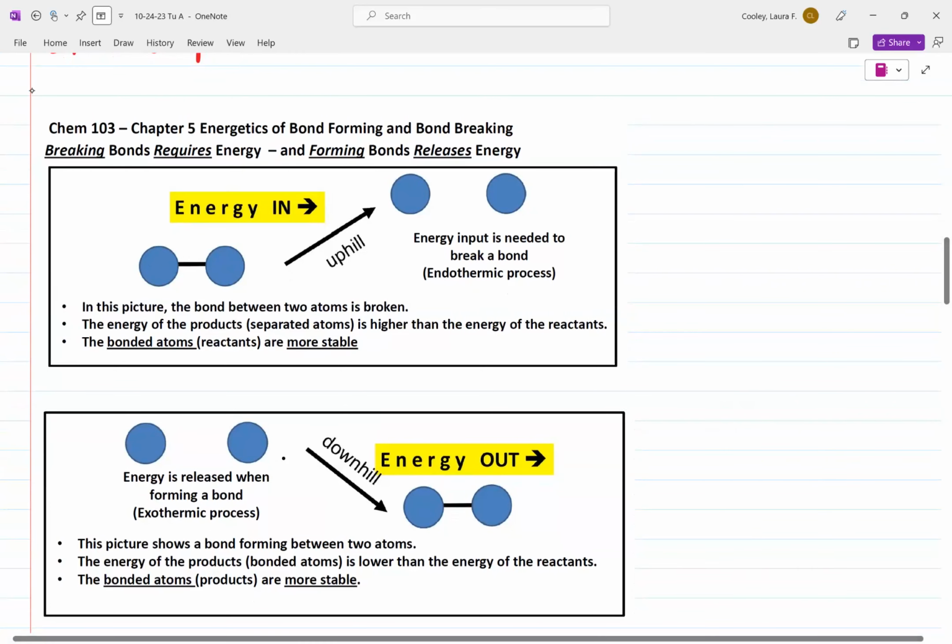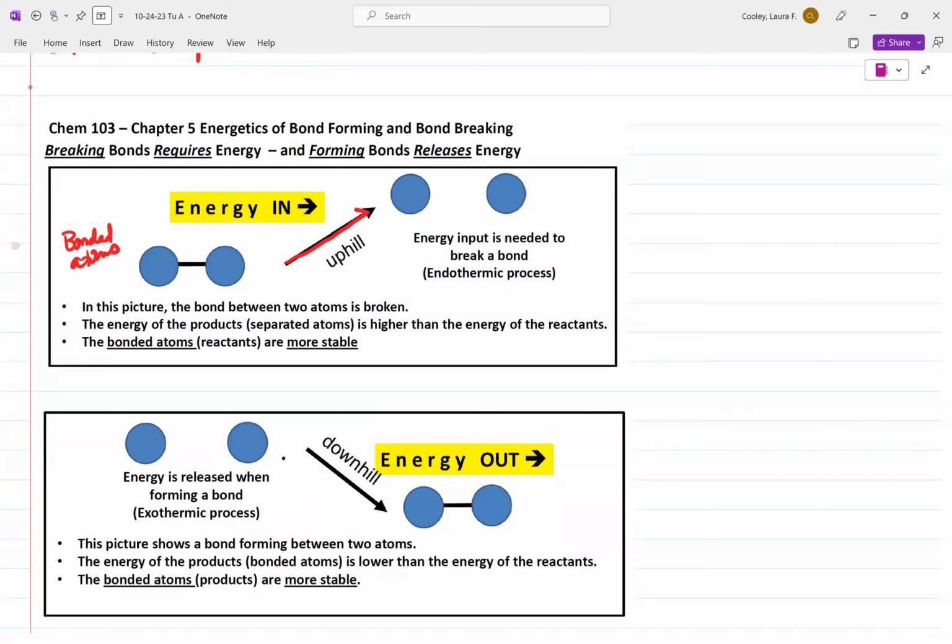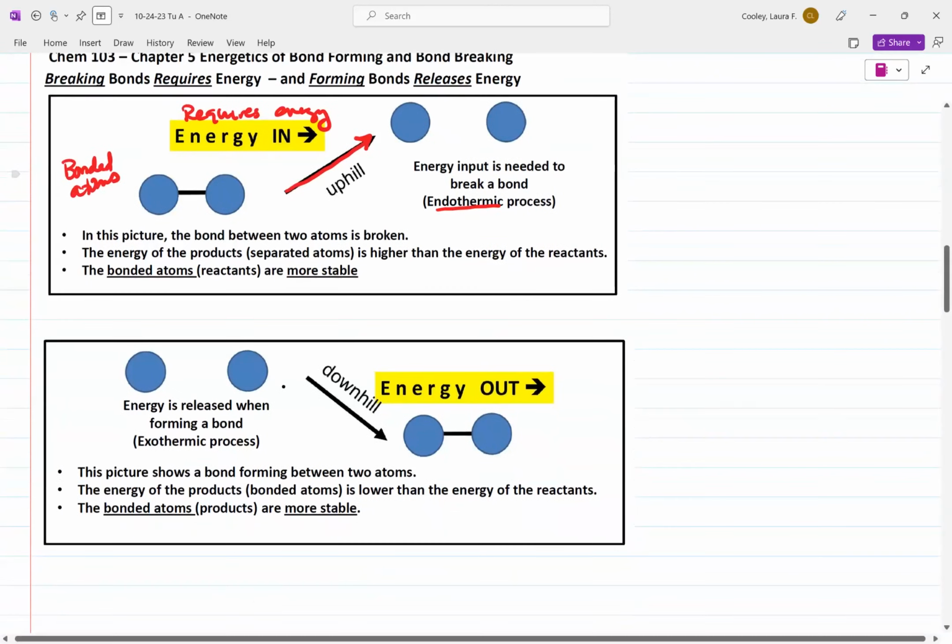Okay? All right. So anyway, here we have an uphill situation because here we have bonded atoms, and energy is required to break that bond. There's an energy input here. That's endothermic, which means energy, heat, is required.